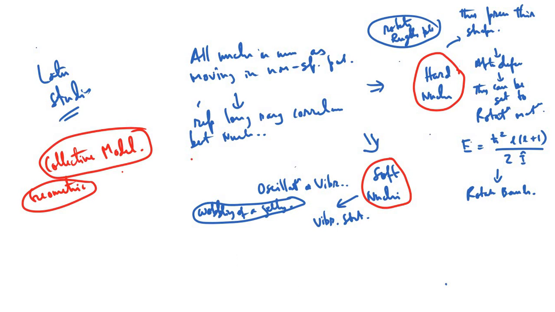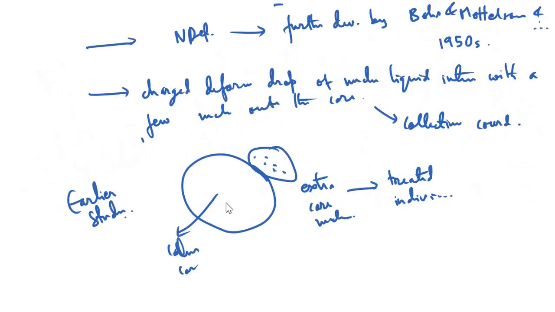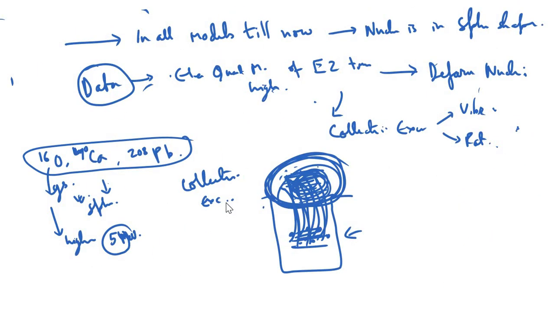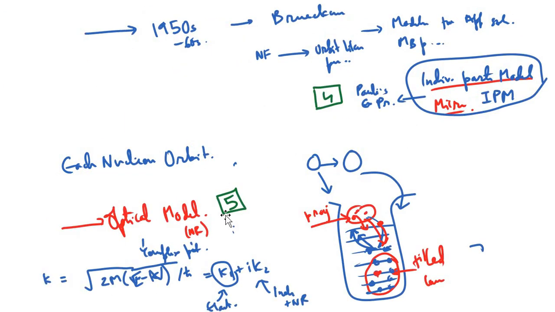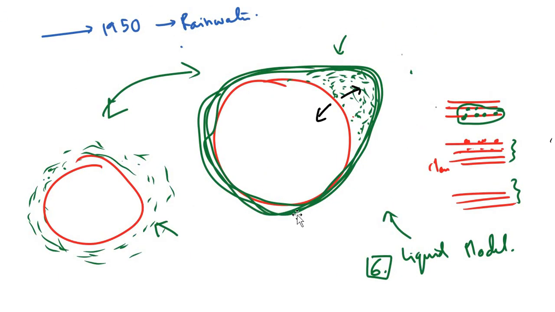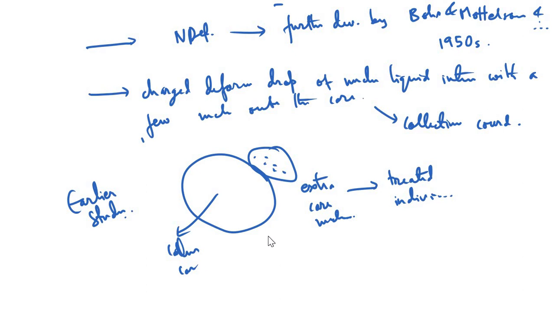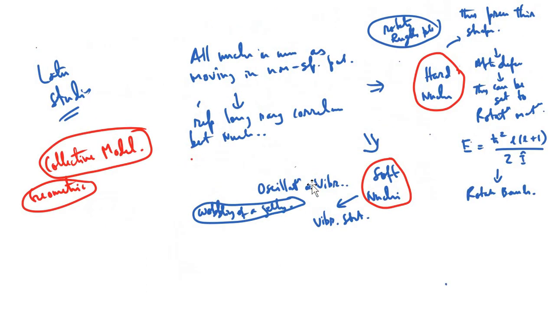So till now I have talked about the collective model, and now I am basically moving towards a unification. So this is Rainwater's theory, number 5. Then the liquid drop model, number 6, with its various applications by Rainwater, and then the geometric collective model, number 7.